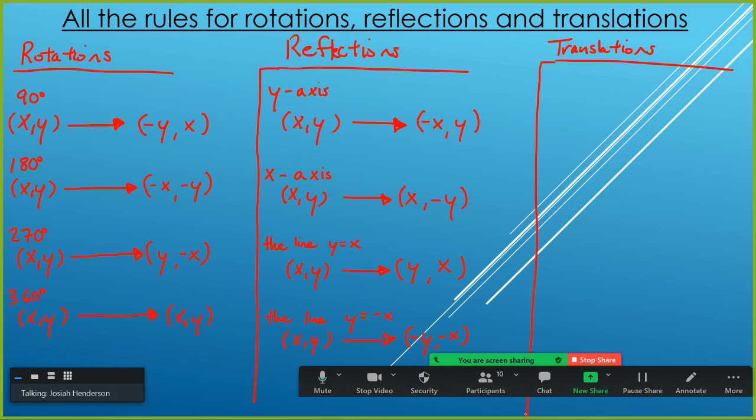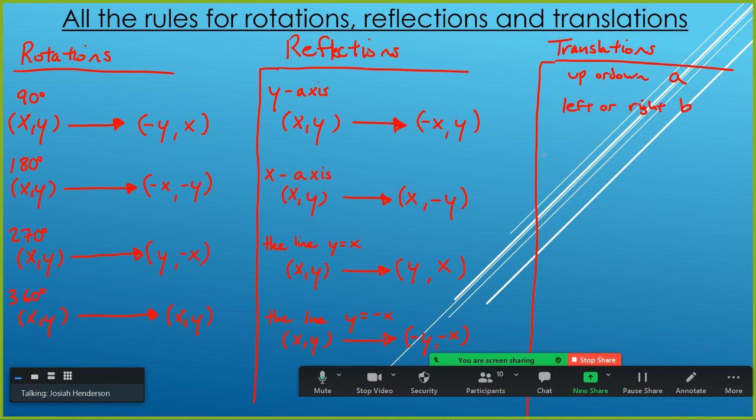So for translations, we'll be told that we're moving up or down some units. I'm going to call it A. Left or right, some other number of units, we'll call that b.